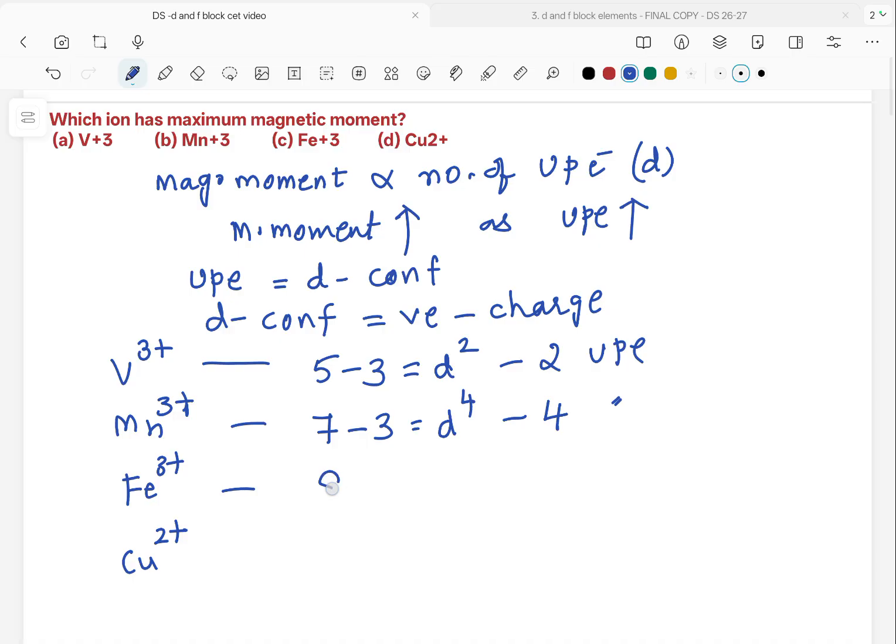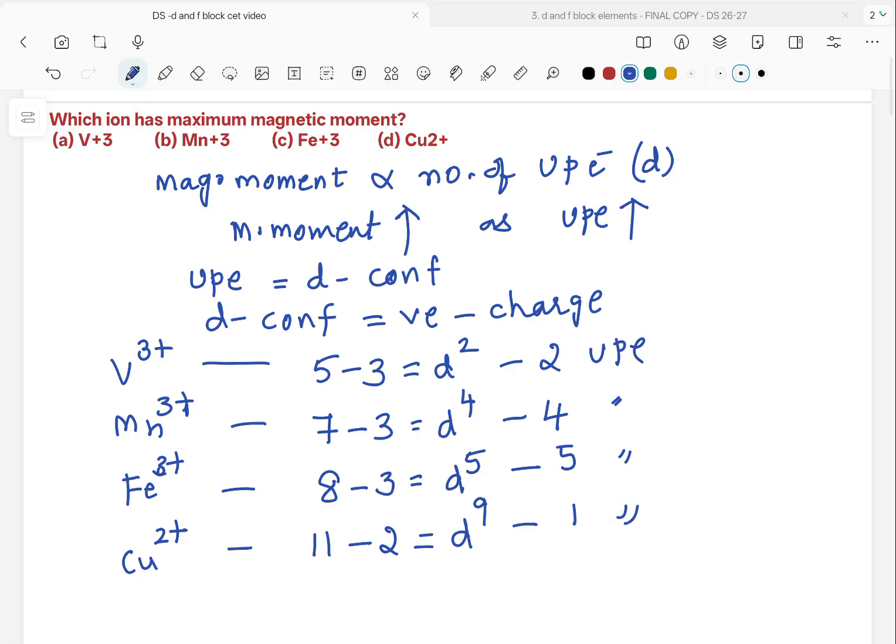Iron has 8 valence electrons, loses 3 electrons, ends with D5 configuration, meaning it has 5 unpaired electrons here, whereas copper has 11 electrons, loses 2 electrons. It will have D9 configuration, meaning 1 unpaired electron.